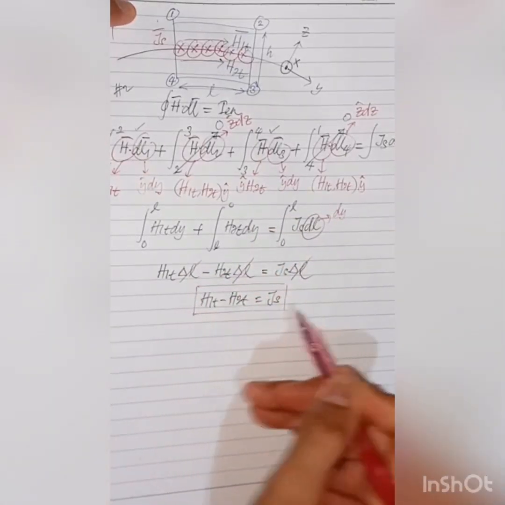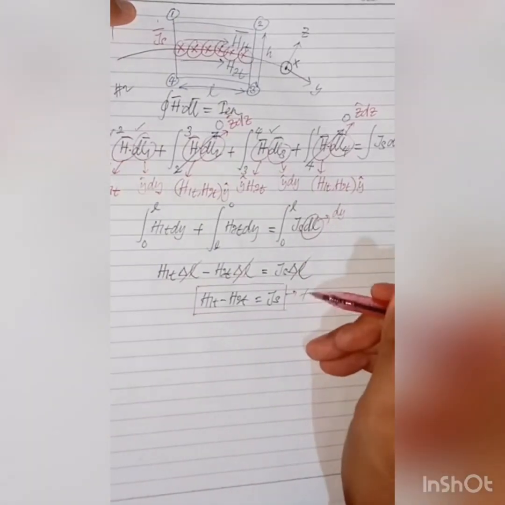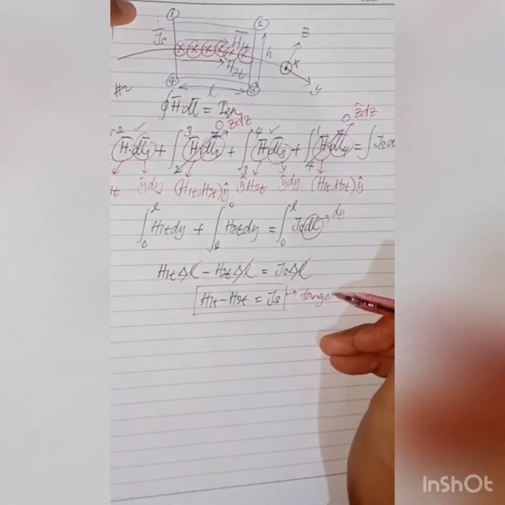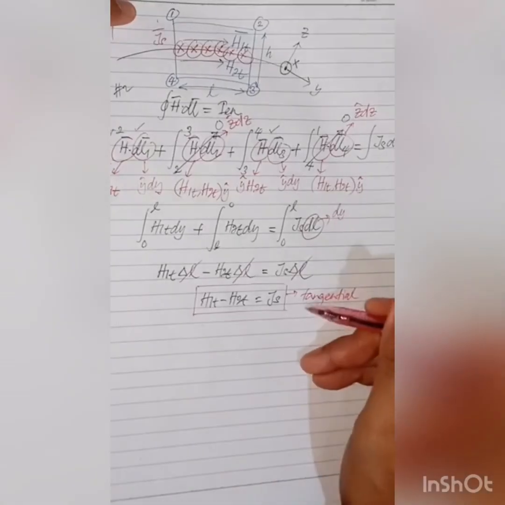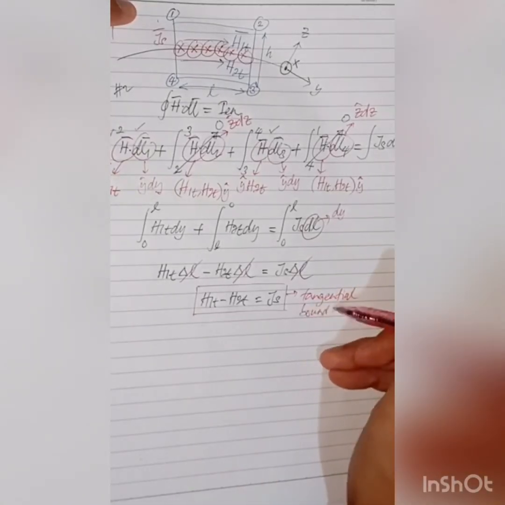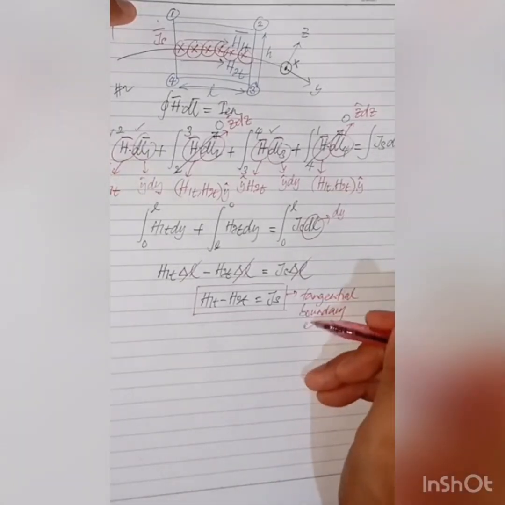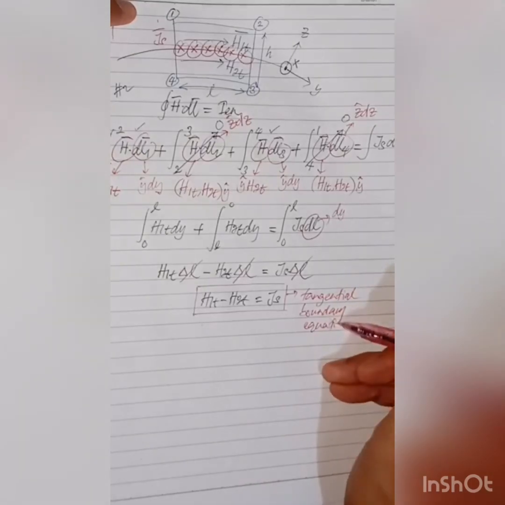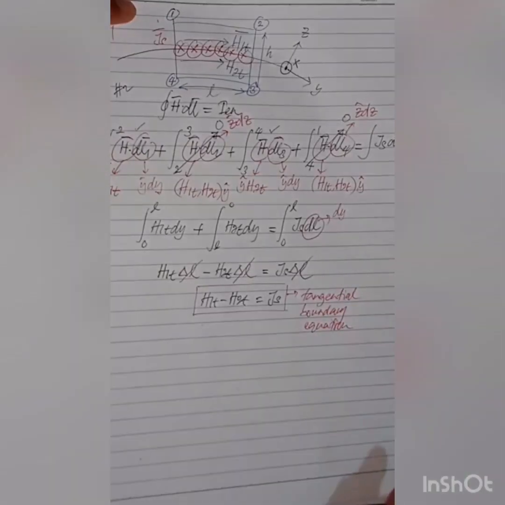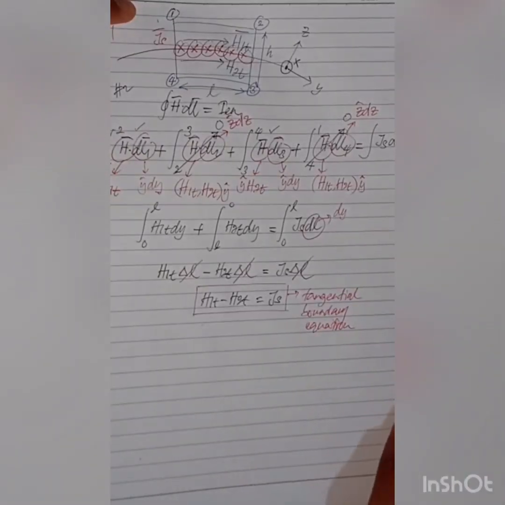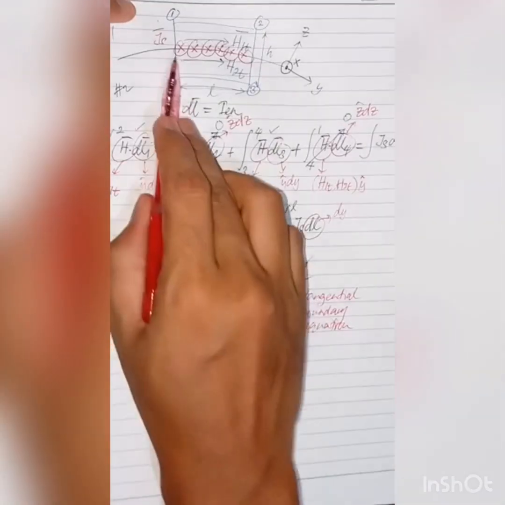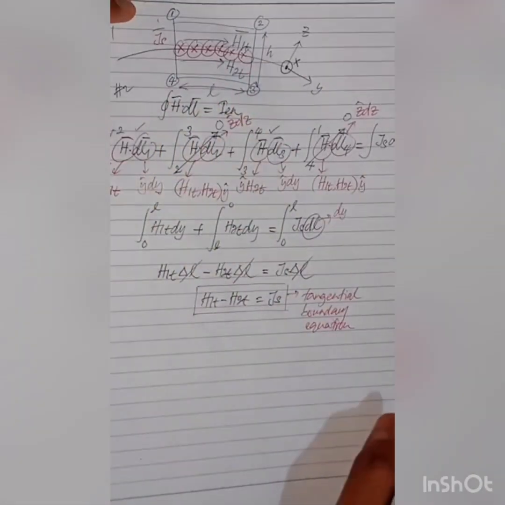Right, let me write down the name for you. Here is our tangential boundary equation that deals with surface current density appearing on the interface.